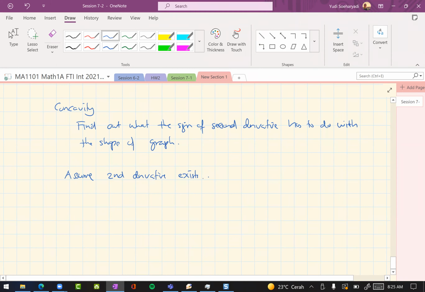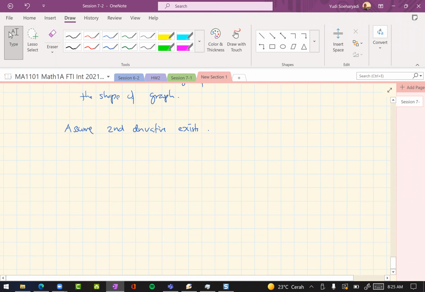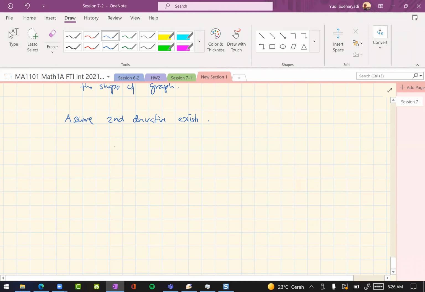Okay, so what does it have to do with it? All right, so let's see. We have f prime, f double prime. We know that f prime positive tells you that f is increasing.